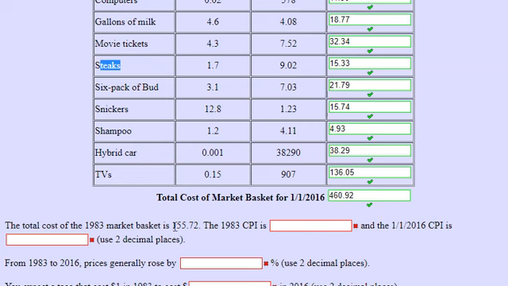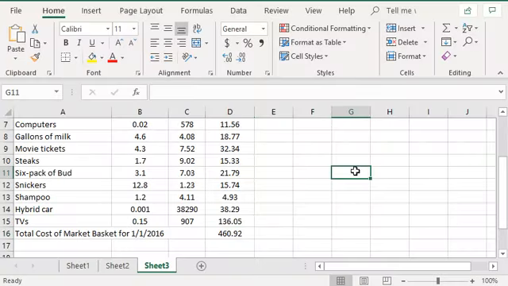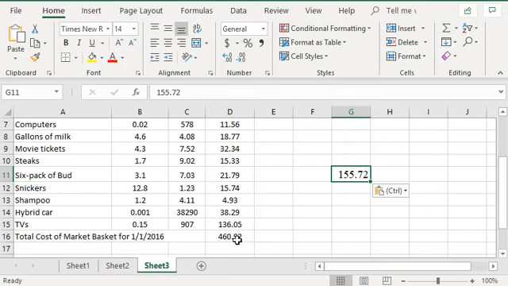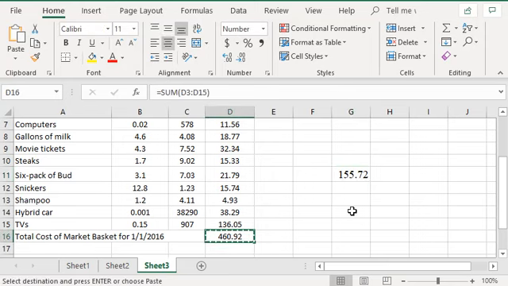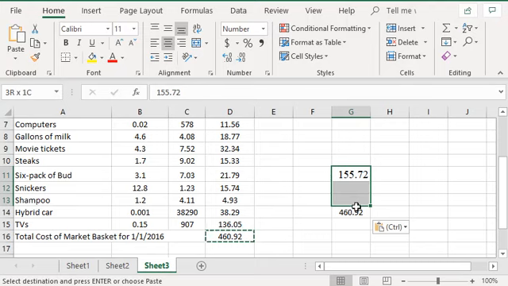The way you calculate the CPI is this way. I'm going to copy and paste it right here, and I'm going to copy and paste that value. Let me do right click, paste value. Okay, there we go.